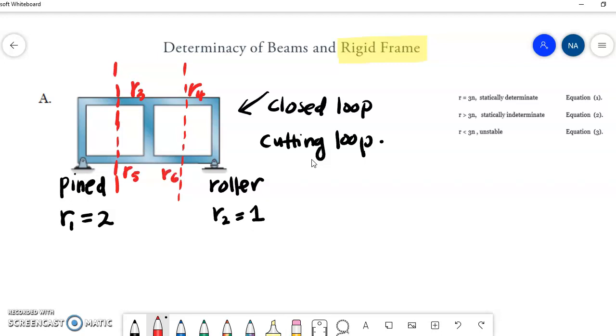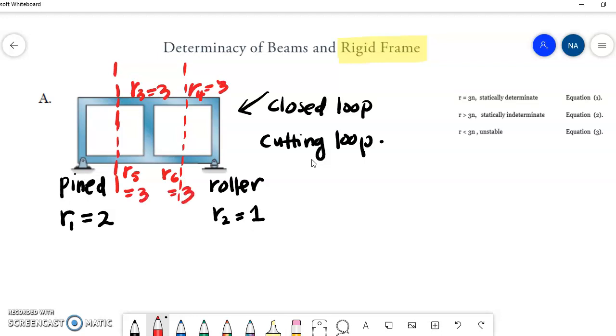Okay, if we do a cutting loop, each R will represent 3 reactions. So it will have X, Y and also the moment. So R3 will equal 3, R4 equal 3, R5 equal 3, R6 equal 3.